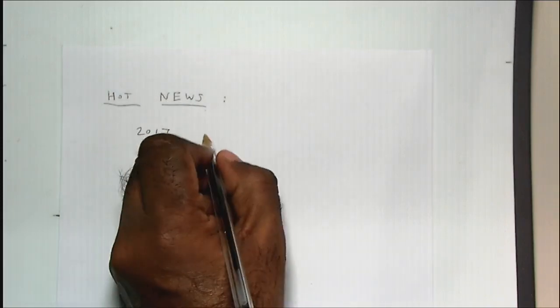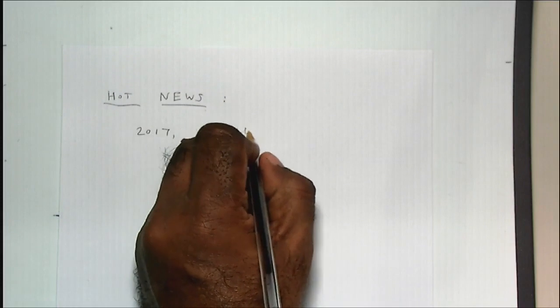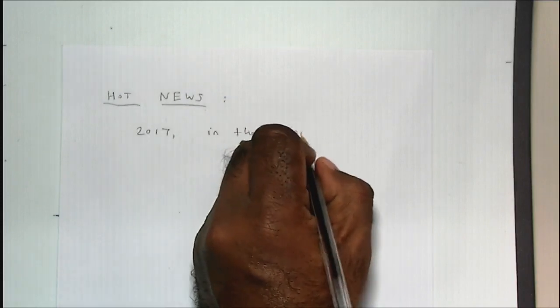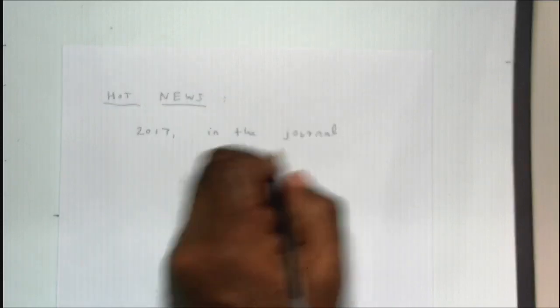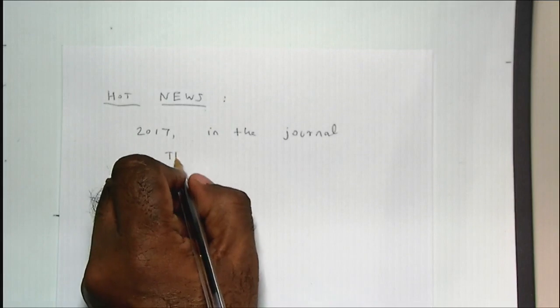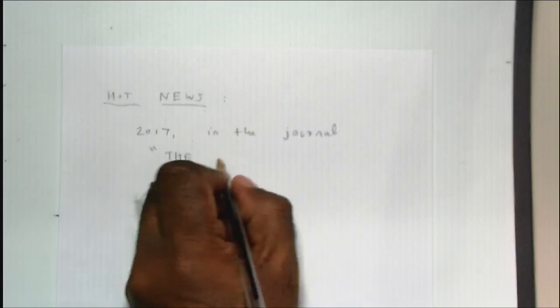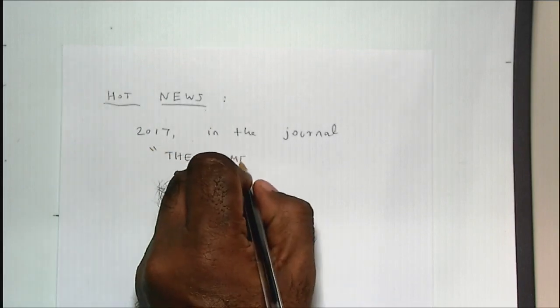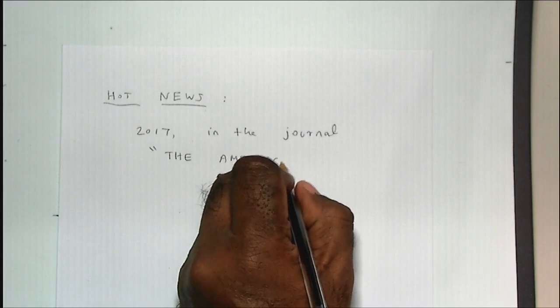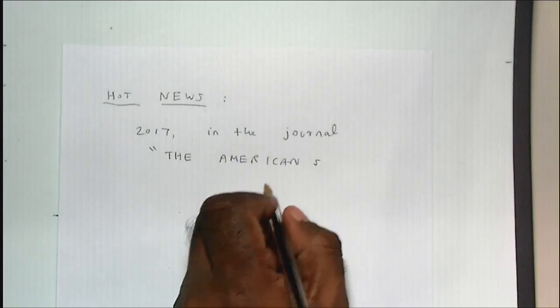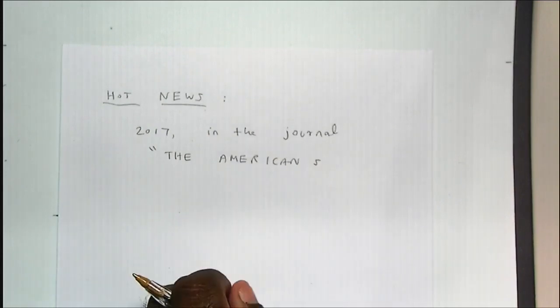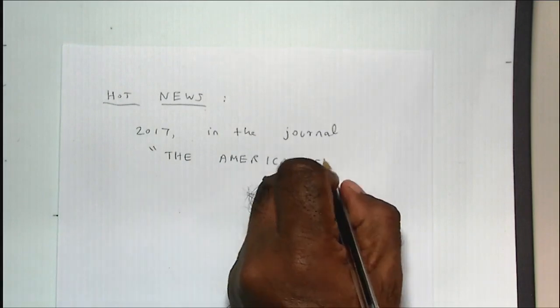It was published in 2017 in the journal, which is online, so you'll be able to access it online. It is called the American Statistician.